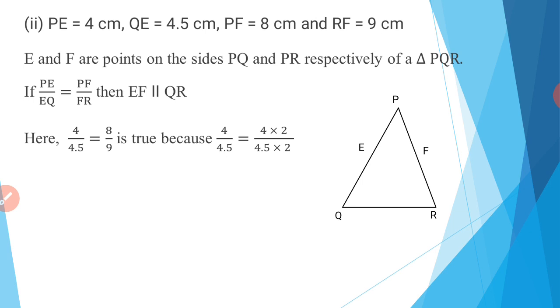Here 4 upon 4.5 equals 8 upon 9 is true because 4 upon 4.5 equals 4 multiplied by 2 upon 4.5 multiplied by 2. So 2 we can cancel out, so that 4 upon 4.5 is on the right hand side. Hence, for the given case EF is parallel to QR.